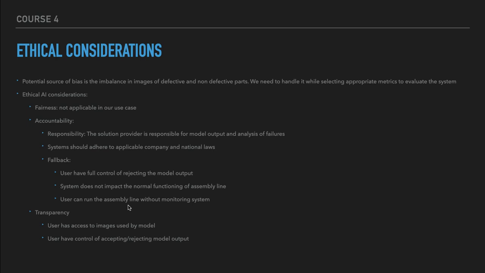The user can run the assembly line without the monitoring system. So if the assembly line manager decides that the model is not effective, he can stop it and run the system without it. Then the next point is transparency. The user has access to the images which are used by the model, and the user has full control of accepting or rejecting the model output.